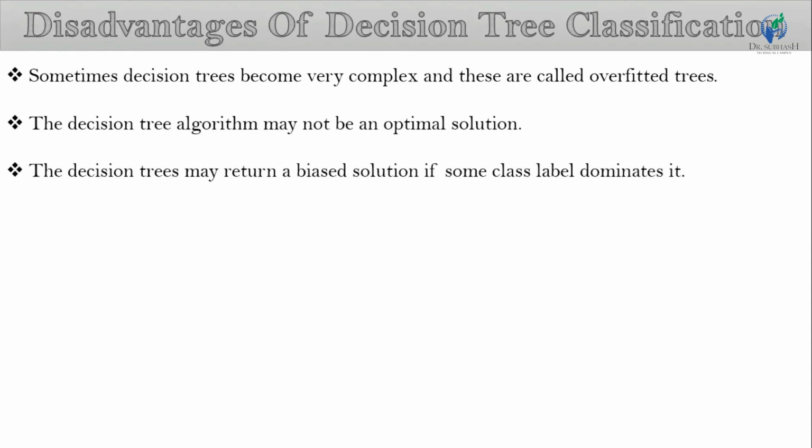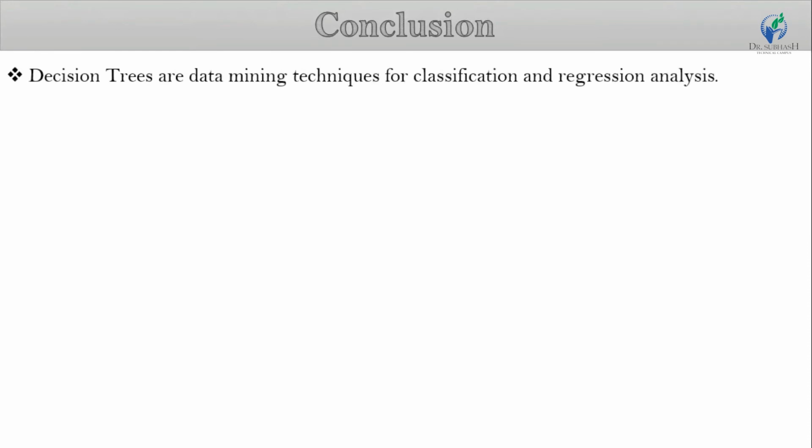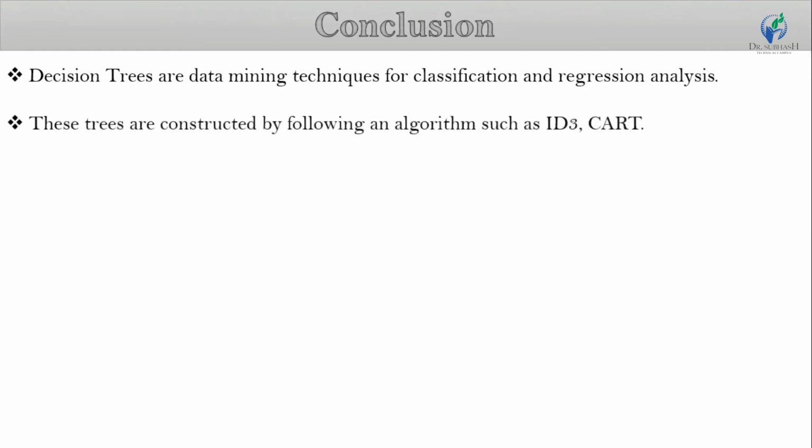Now I explain the conclusion of the overall session. We see decision trees are a data mining technique for classification and regression analysis. This technique is now spanning over many areas like medical diagnosis, target marketing, etc. These trees are constructed by following an algorithm such as ID3 or CART.